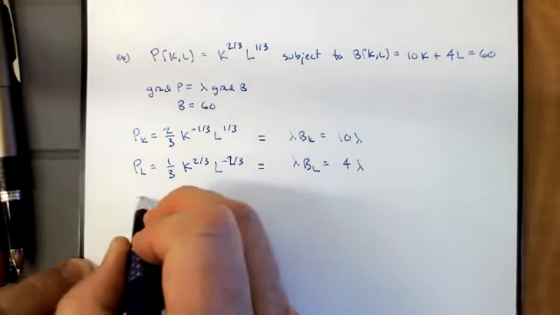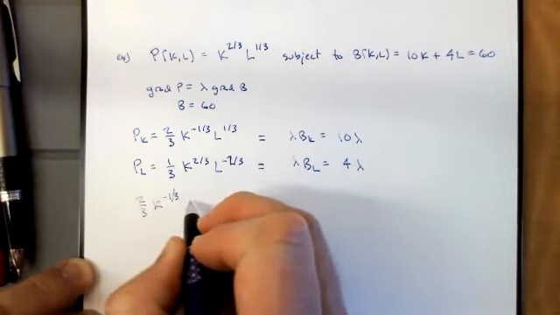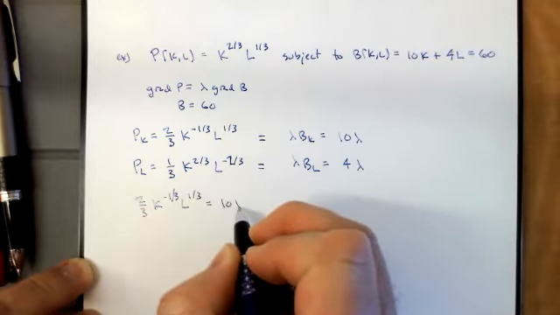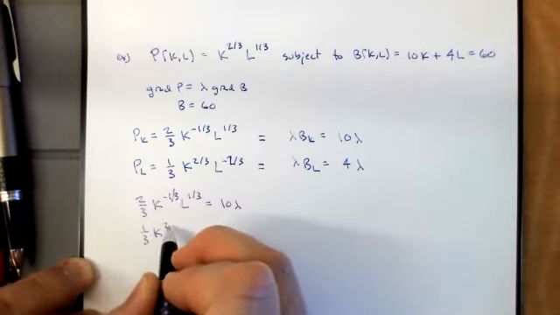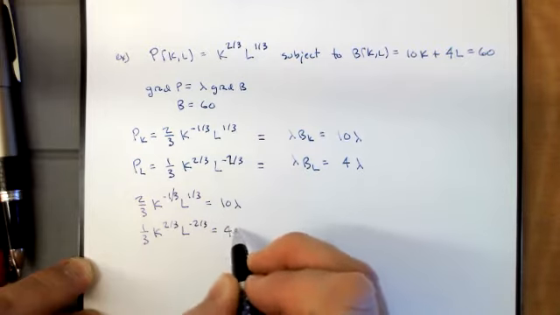And so we have this weird system, 2/3, K to the negative 1/3, L to the 1/3 equals 10 lambda, and 1/3, K to the 2/3, L to the negative 2/3 is equal to 4 lambda.